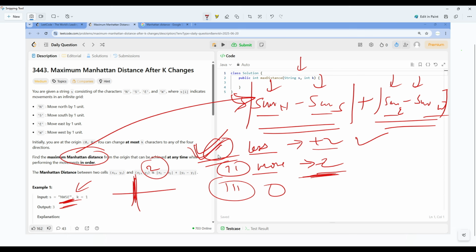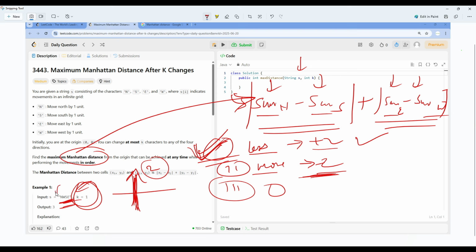So therefore we will divide the modification process into 2 steps. The very first step: modify the letters with fewer occurrences in the vertical direction. If the number of such letters exceeds the given k, then we modify only k of them.